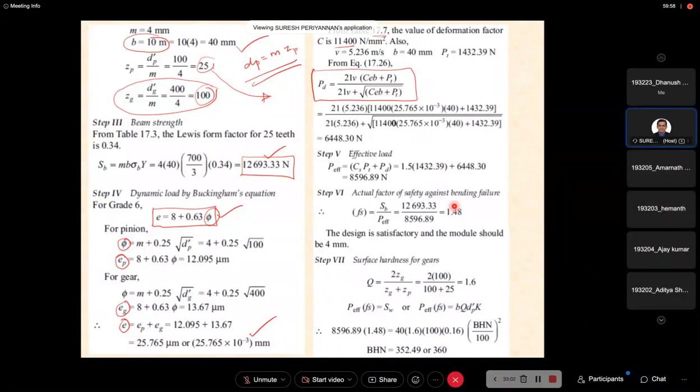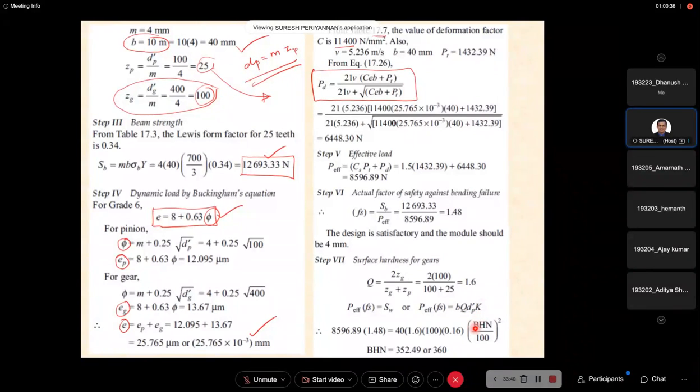The next part of the design problem is, based on the actual factor of safety, we would like to find the Brinell hardness number. For this we use this formula: P effective load is equal to Fs into Sw, where Sw is B into Q into dp into K. We know the B value, we know the Q value, and the ratio factor 2Z by (Z plus Z) we know, 1.6. dp we know.